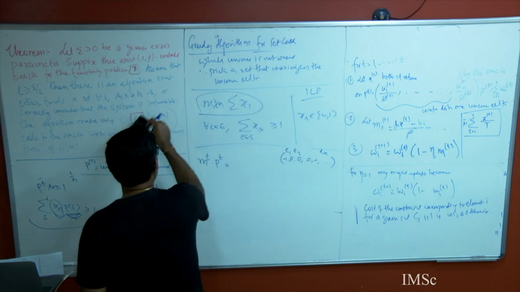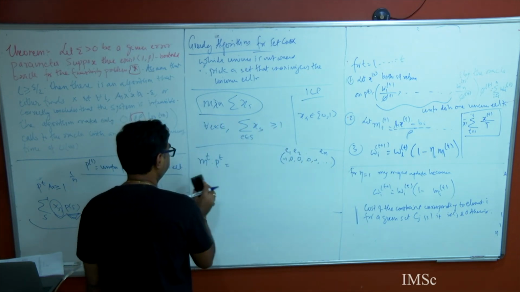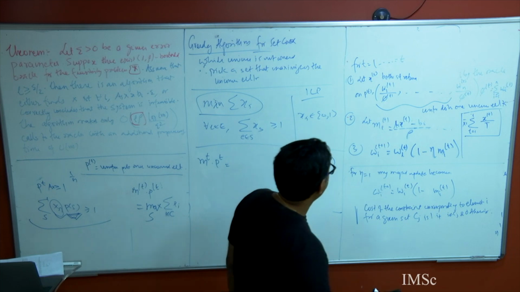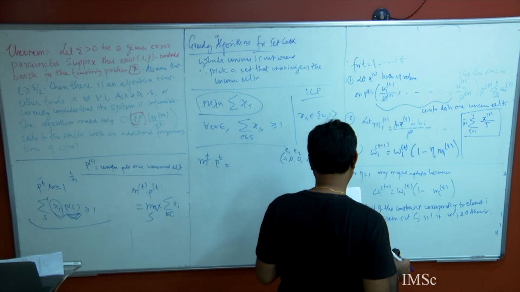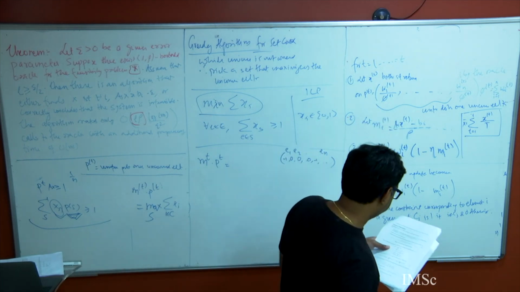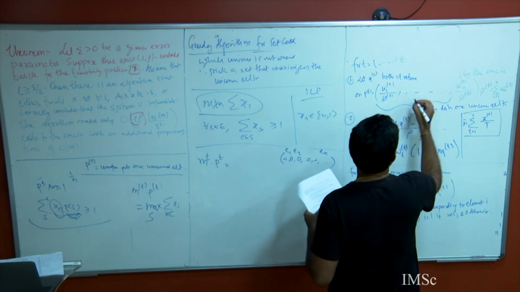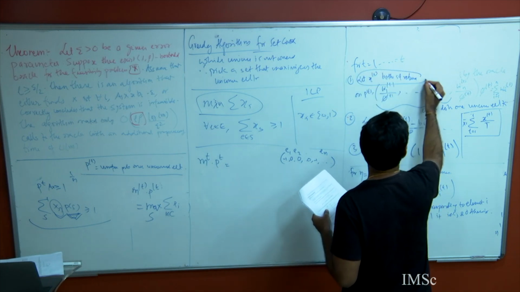That also had a very different kind of guarantee. So what we did is that the first step remained the same. What you do is that you don't say let xt be the solution returned by this.